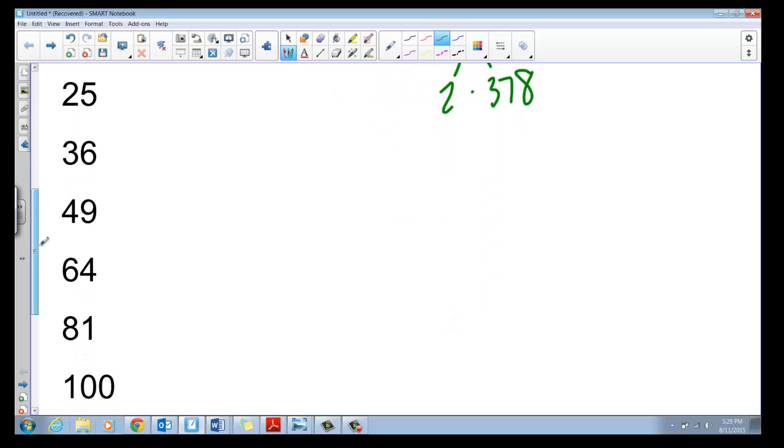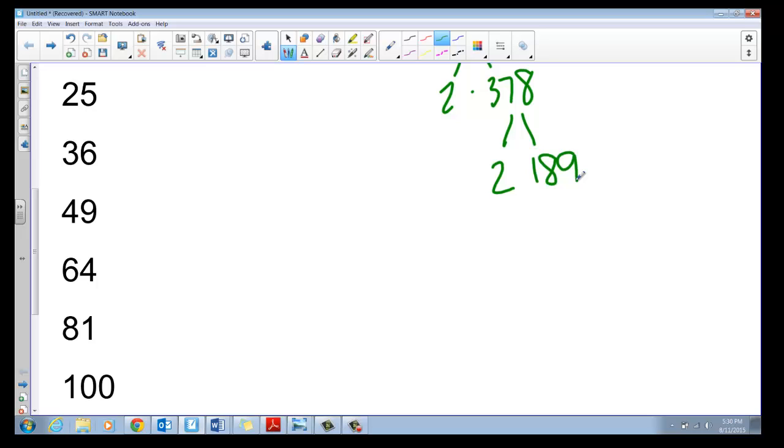And now if I divide 378 by 2, I'm going to get 189. All right, so we've gotten ourselves to 189, which is not an even number, so we're going to have trouble dividing it by 2 because it's not divisible by 2.